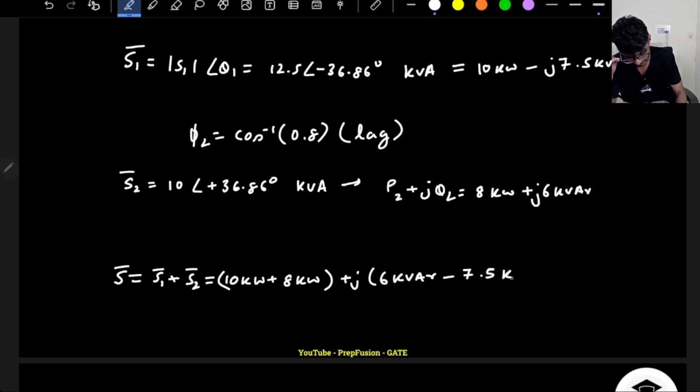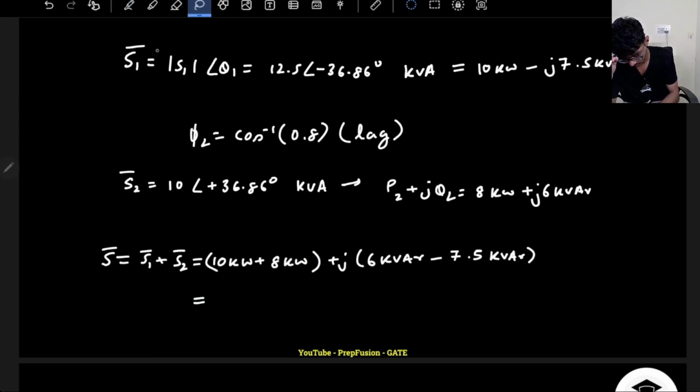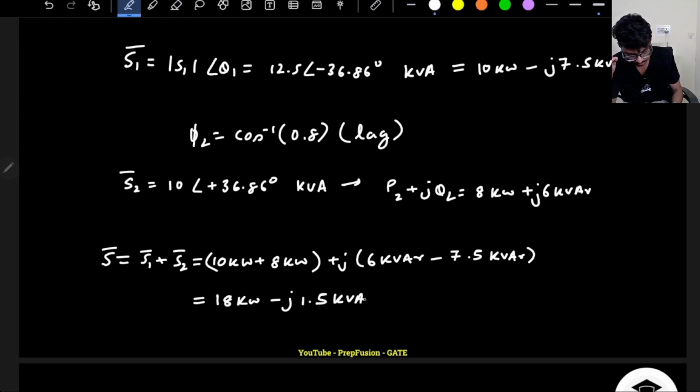So this will be 18 kilowatt minus j 1.5 kVAR. So overall the load is what? Load is capacitive. Overall the load is leading actually. That's why I am getting negative reactive power. So overall the load is capacitive.